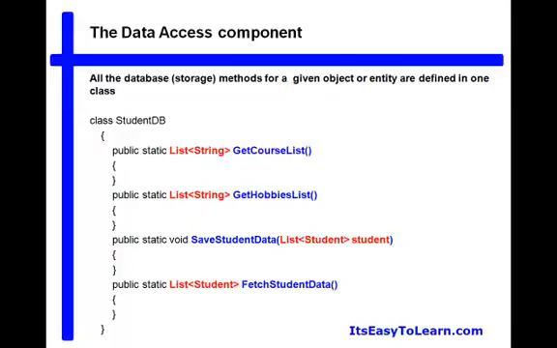So we have a method called save student data and another method to fetch the student data to show it on the view screen. So these four methods are the data access methods for the current application, and they are defined separately in a class, and this class is a data access component.